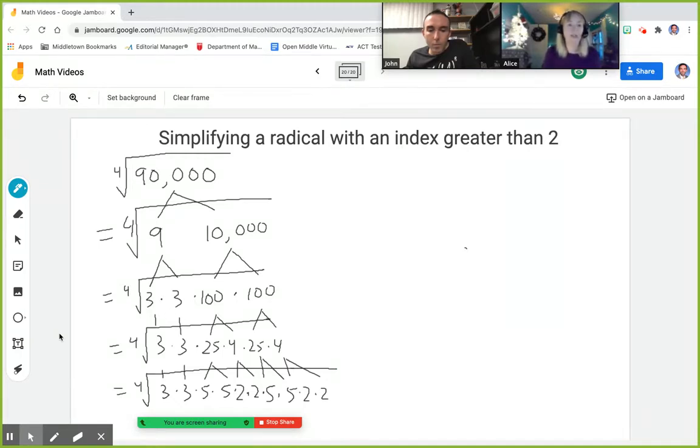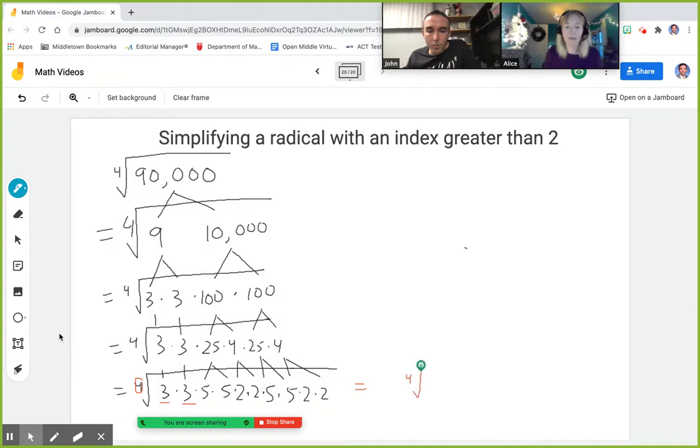I'm going to look carefully at this index of 4. And I'm going to look at each number and ask, does it show up under the radical at least 4 times? So there's 1, 3, the second 3. And I don't have any other 3's, so I can't pull a 3 out. So I'm just going to start building my answer over here.